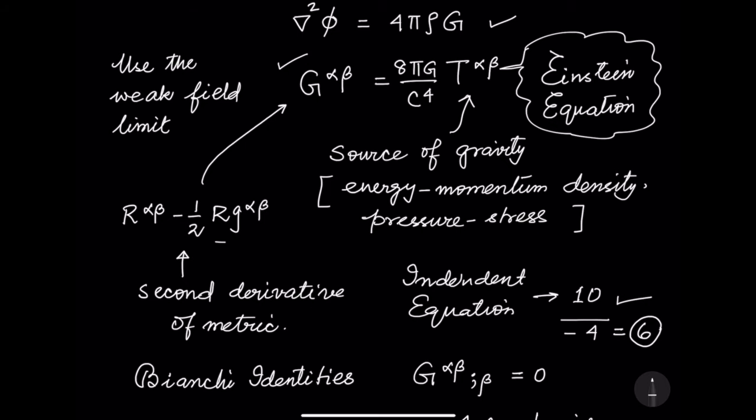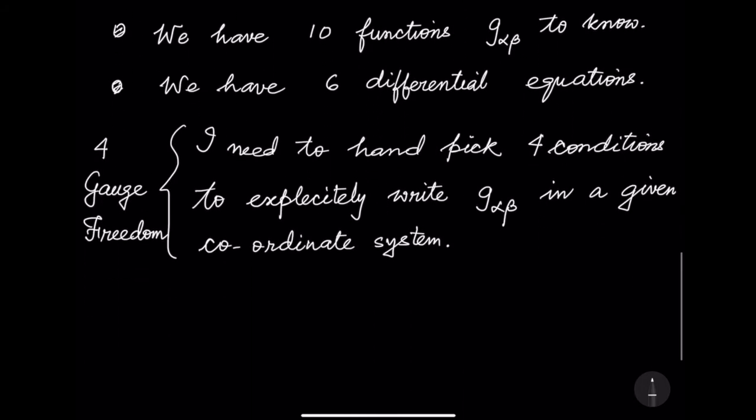But that automatic gauge degree of choice I have ensures that the physical quantities, like the curvature of the space, or the geometry of the space, will never change. That's the gauge degree of freedom ensuring that.